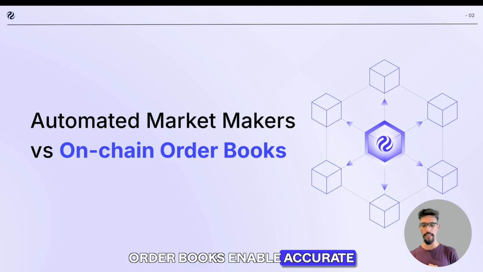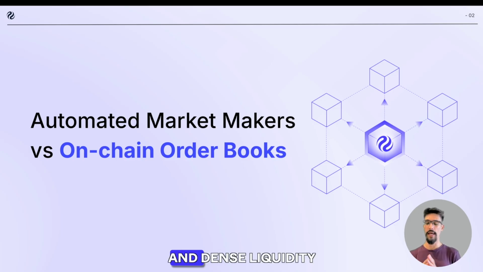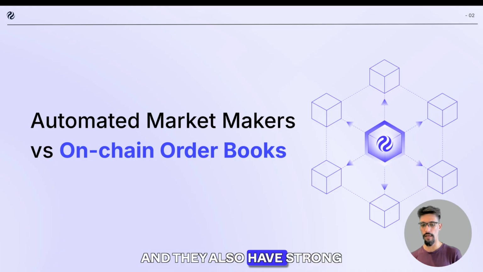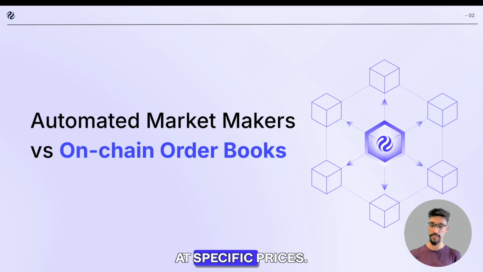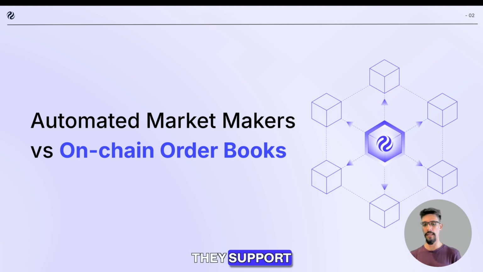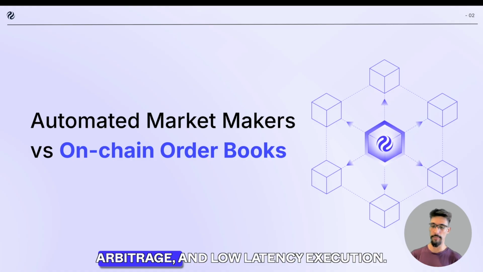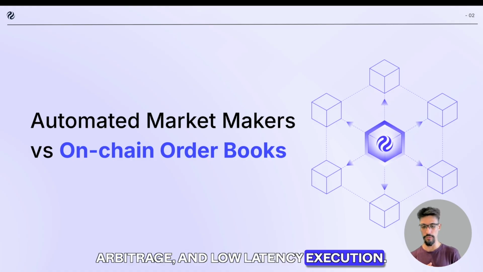Order books enable accurate price discovery and dense liquidity at competitive price levels. And they also have strong capital efficiency, since capital is committed at specific prices. They support advanced trading strategies, including professional market making, arbitrage, and low latency execution.